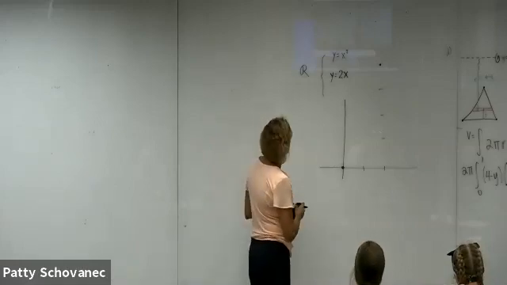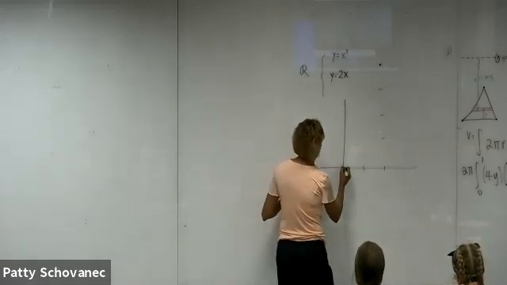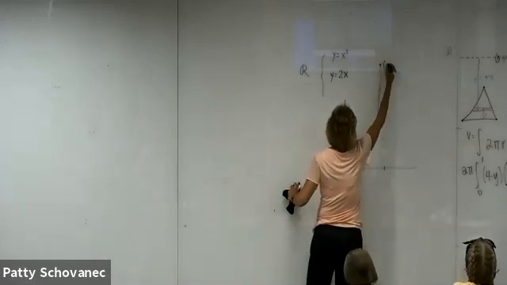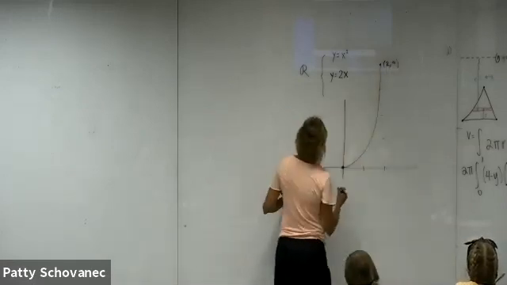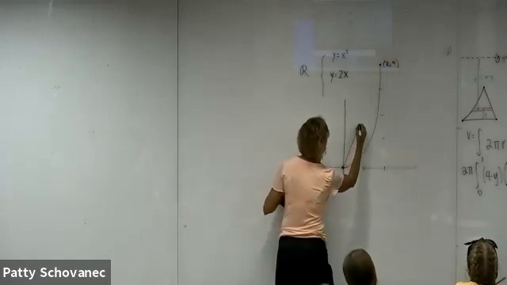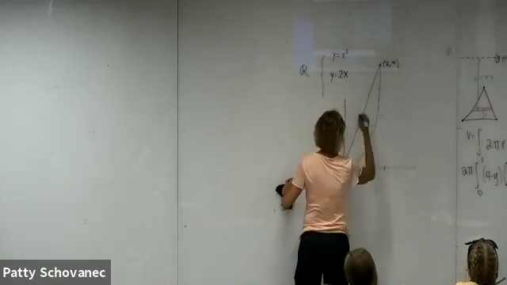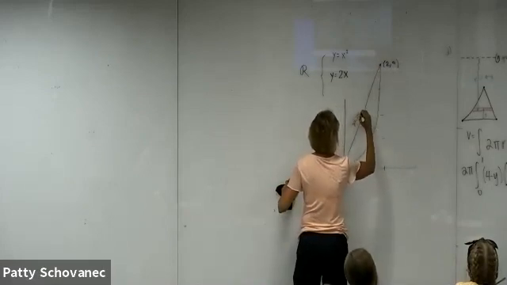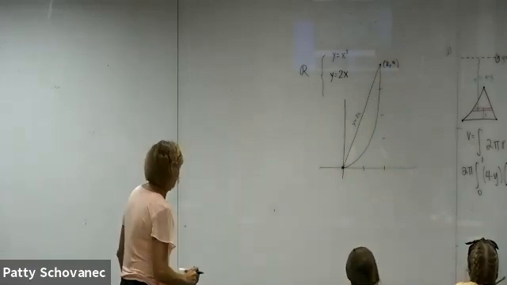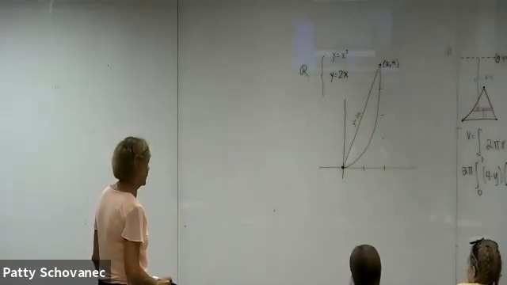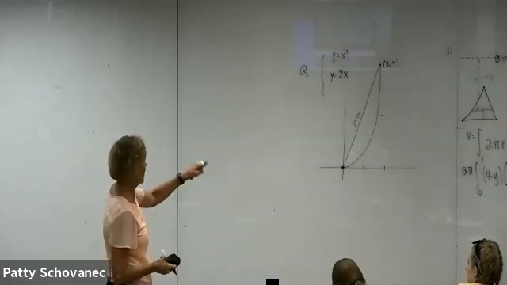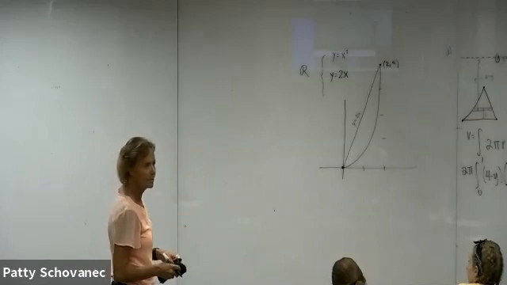Okay, thank you. So y is equal to x squared is going to come up through here, like that. That's going to pair 2, 4. And y is equal to 2x comes as a straight line. All right, so let's generate a solid formed by revolving that region around none of the 2 axes.